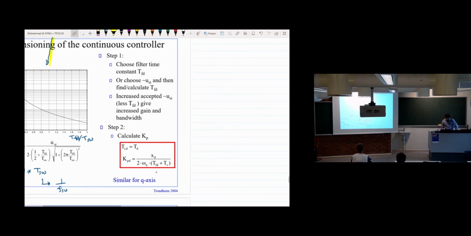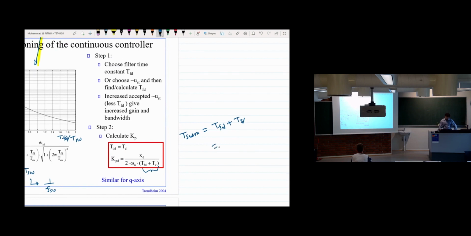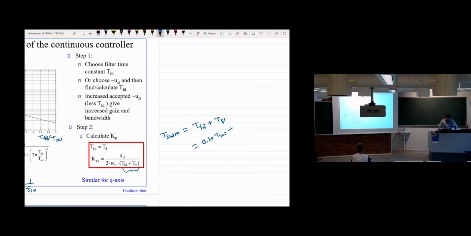This is T sum, which is TFD plus TB. Let's say we got the TFD, which is 0.1 times TSW, and the PWM delay, which is, let's say, 1/3 of the switching period, 0.33 TSW. Then you are getting T sum, which is 0.43 TSW.